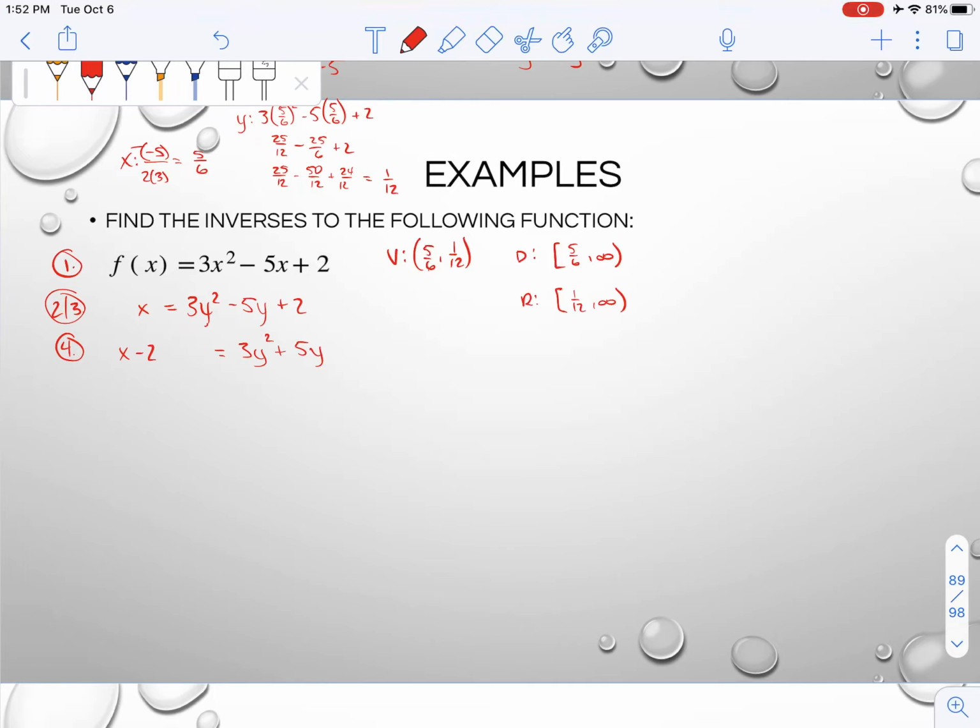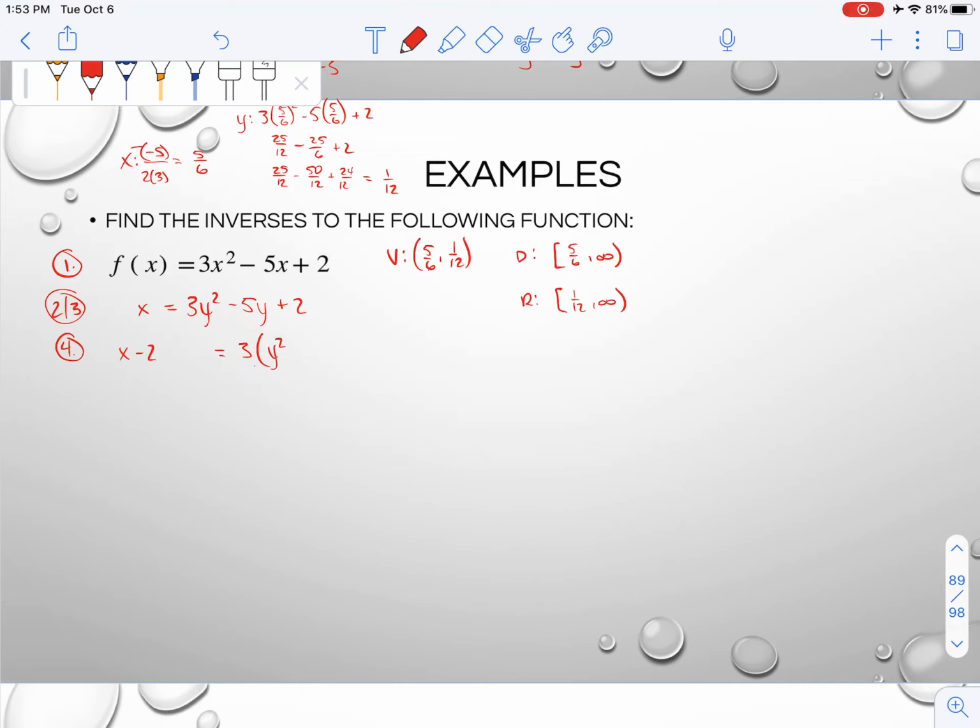Because I'm not necessarily doing this for a graphing purpose, I can simply divide out the 3, or what I can do is factor the 3 out of this side of my equation.